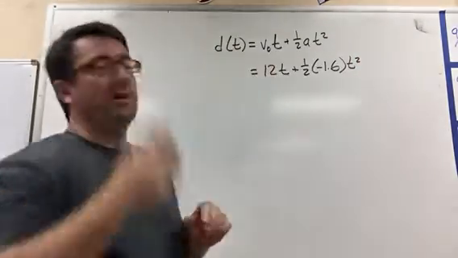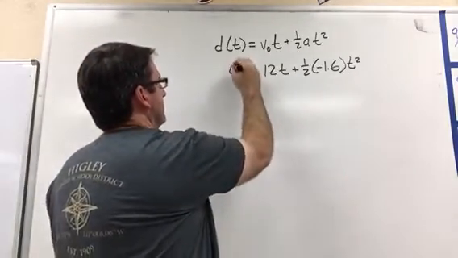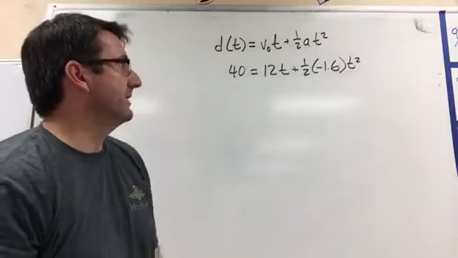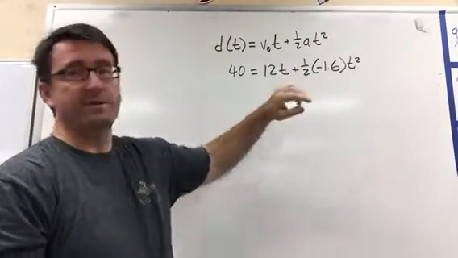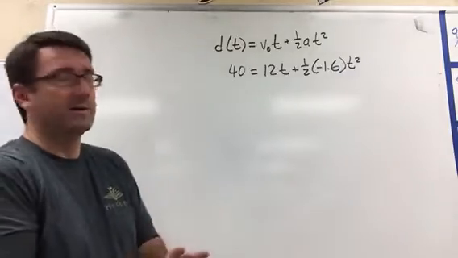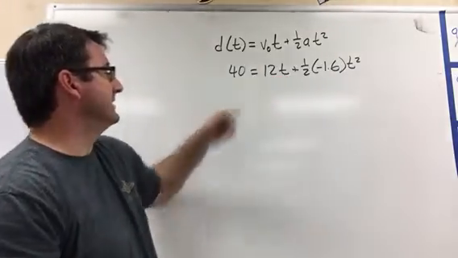And we want to know how long it's going to take for the distance to be 40 meters. So let's plug in that 40 there. So now we just need to solve for t. That's going to tell us at what time the distance was 40 meters.